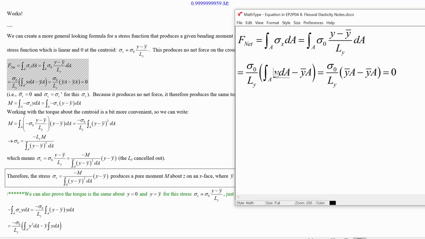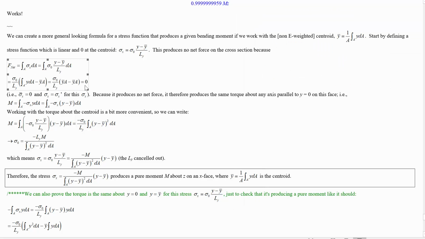But this integral of y with respect to the area will be the same as if we just took the average y and multiplied it by area. And that's exactly what we had for this other term integrated over the area. So we get 0. So this stress function here, without the dA, produces no net force, and that means it's in the right shape to be able to produce a pure moment.